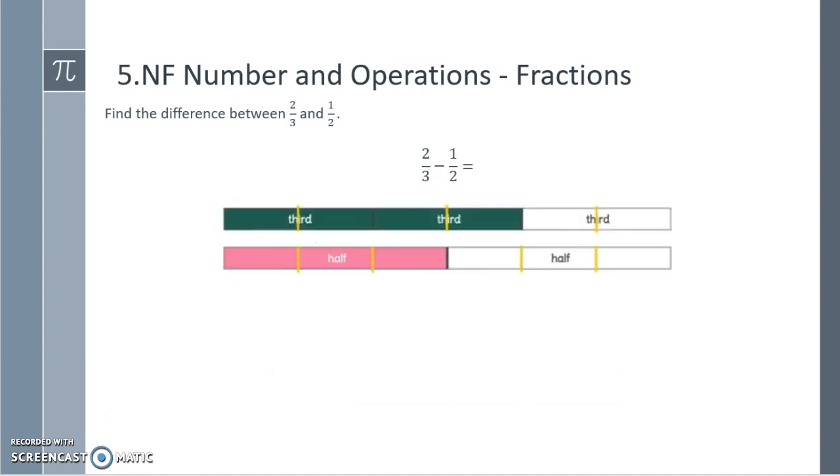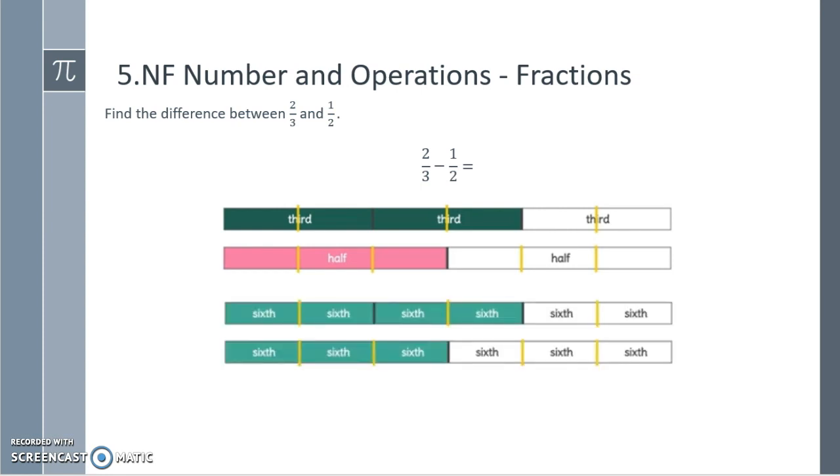What we can do then is notice the yellow marks. We can split them, the thirds in half and the halves into thirds, so that we create sixths. And when I create sixths, I see then that 2/3 is the same as 4/6 because the same amount is shaded, and 1/2 is the same as 3/6.